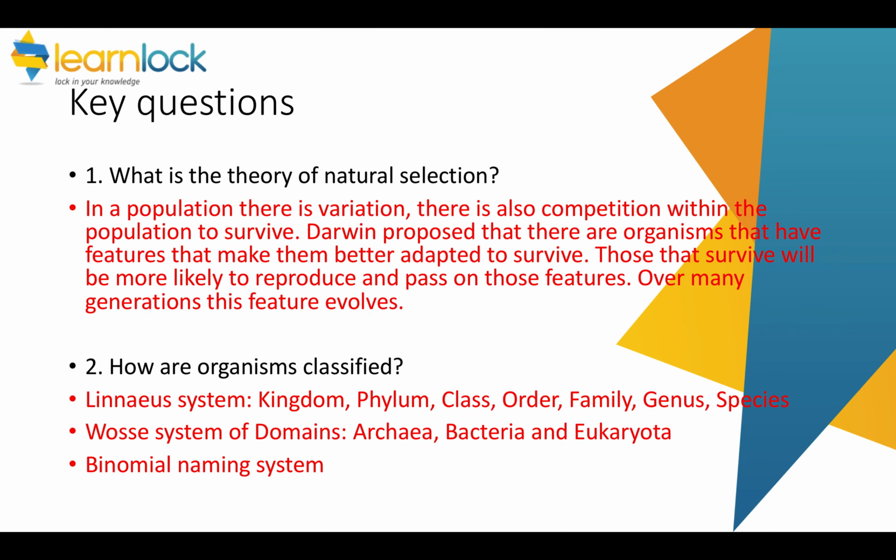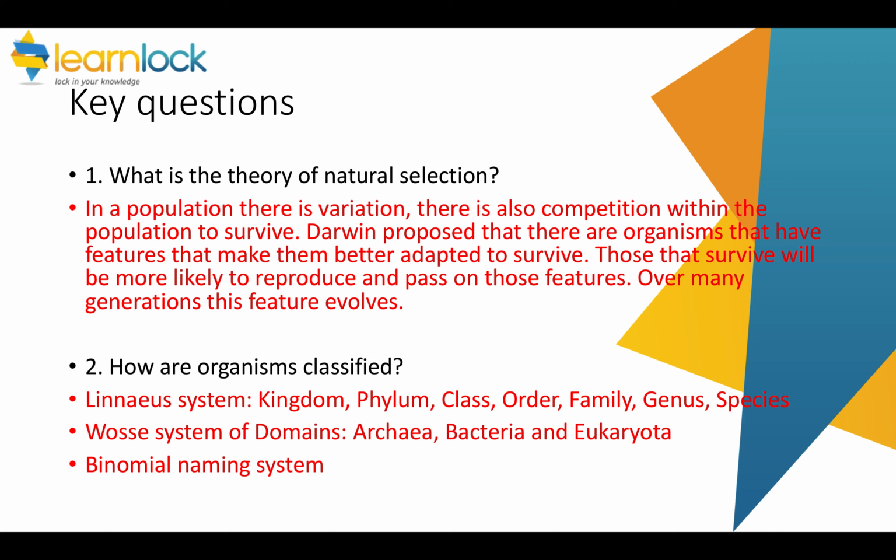Okay, so what was Darwin's theory of natural selection? Well, he basically said in a population there's going to be variation and there's going to be competition within that population to survive. Naturally, there will be organisms that have certain features that make them better adapted to survive, or survival of the fittest. This might be that they have thicker hair, or they're camouflaged, or they've got stronger teeth.